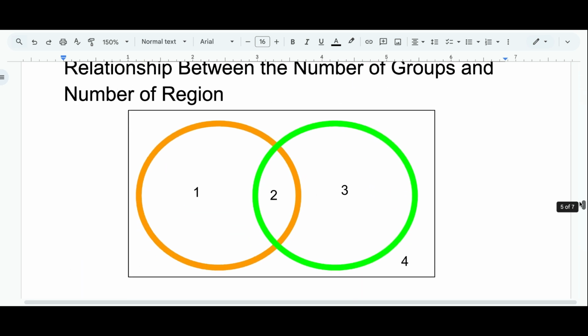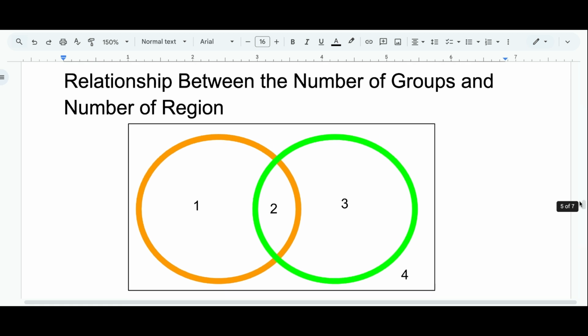So how many regions do we have based on the number of sets? If we have 2 sets, there are 4 regions. Region 1 is just A, Region 3 is just B, Region 2 is the overlap, and Region 4 is none of the above. We didn't have too many none of the aboves here. Kind of have to deal with that separately from the formula.